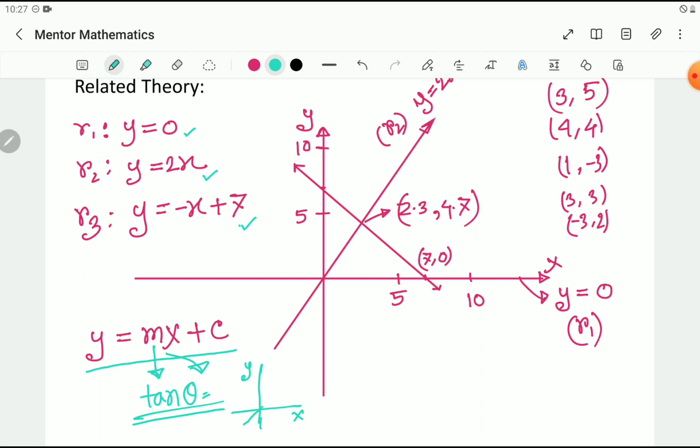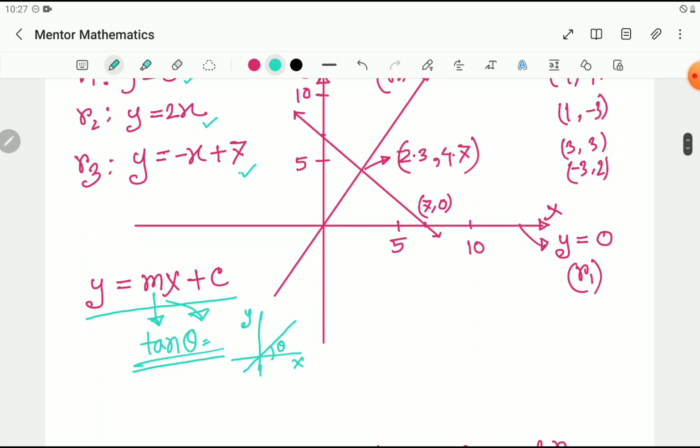So for example, this is a straight line, and this is theta. The value of theta we can know from the value of slope.